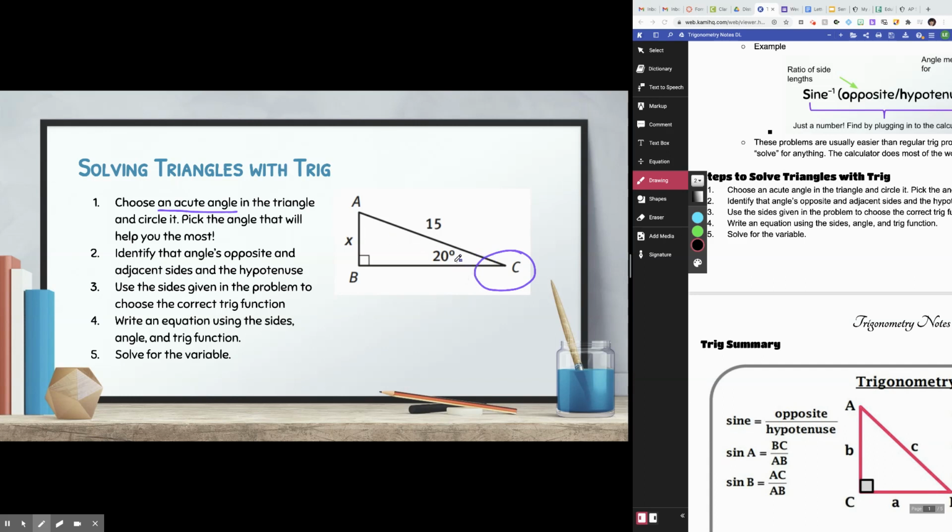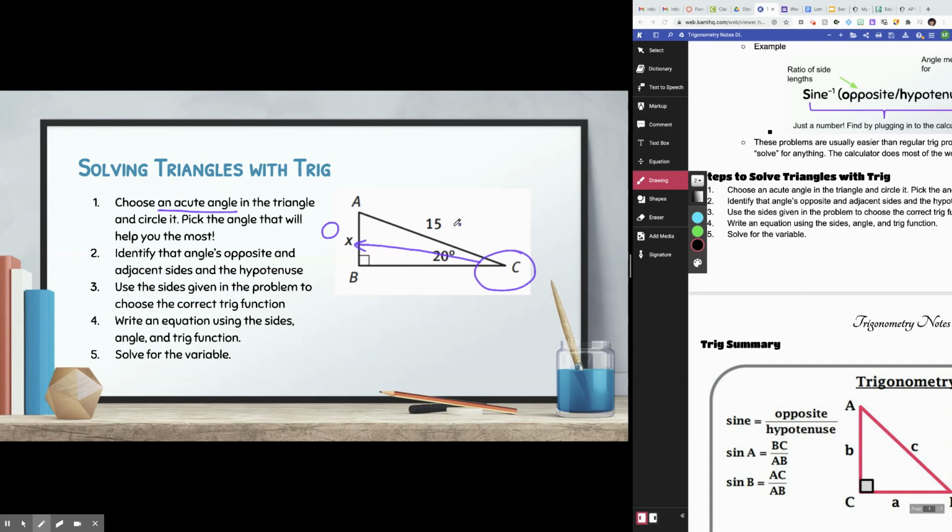Typically, I have people pick out that side first. So circle your angle. If it's difficult to visualize where the opposite side is, a good trick is to draw an arrow from your circle all the way across the triangle. Whichever side it hits is your opposite side. So I'm going to put a big O right there.